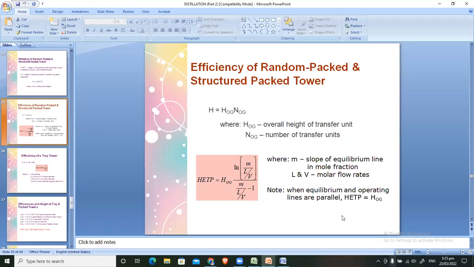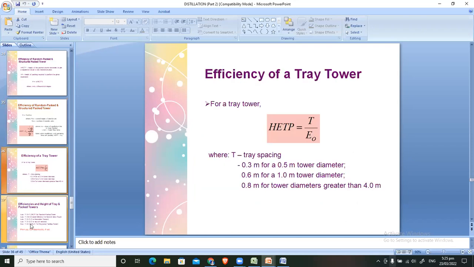By the way, all of these formulas are found in your handbook. I've seen them there, but I think I did not place the specific location or section in this slide, but I think I included it in the other slide. This is for your tray distilling tower. So this is how you determine the HETP based on the tray spacing and the overall tray efficiency.